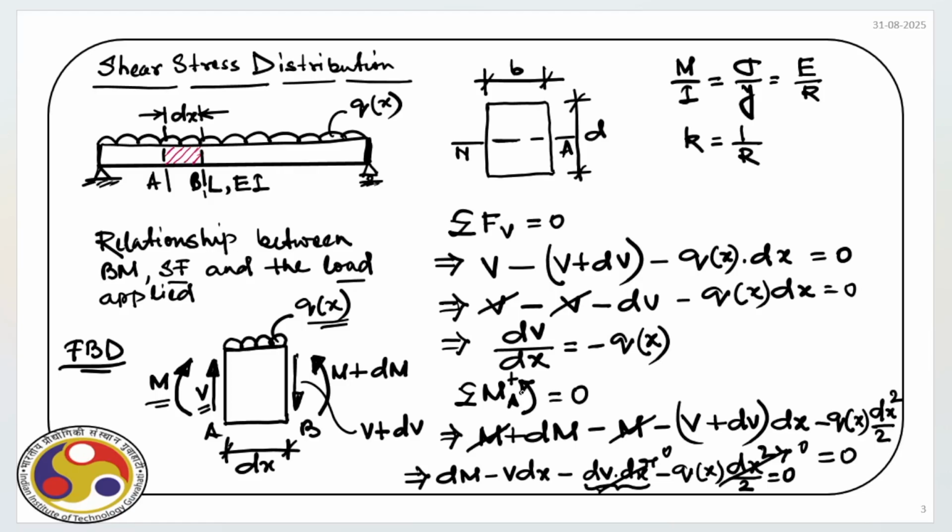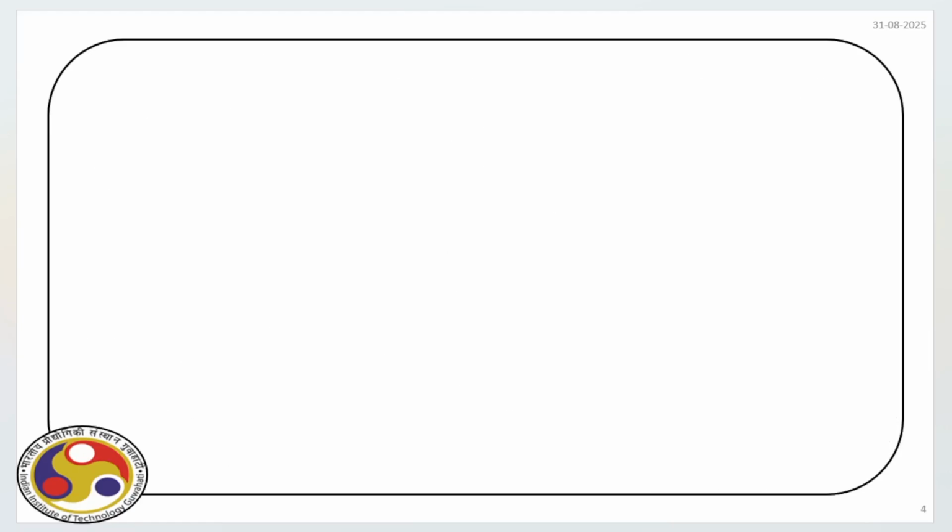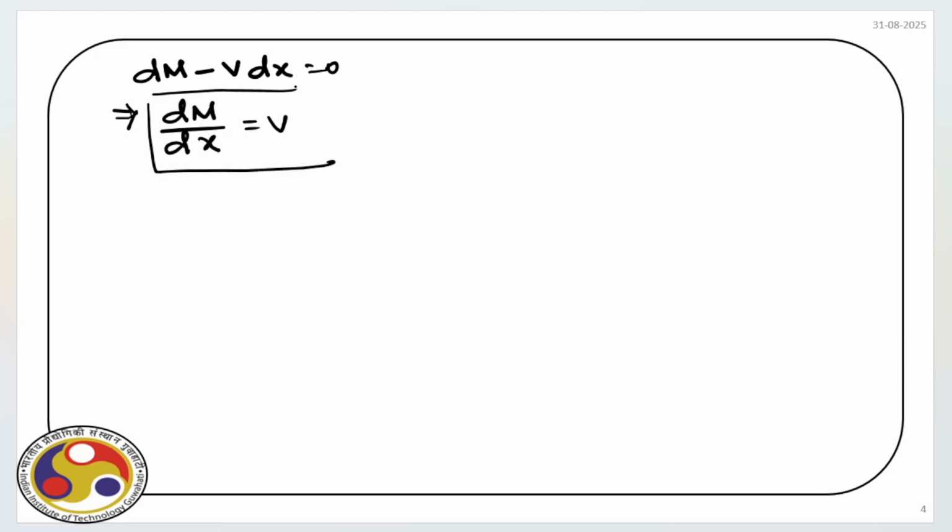So if we further simplify, we get dM by dx is equal to V. So this is another relation between bending moment and shear force.